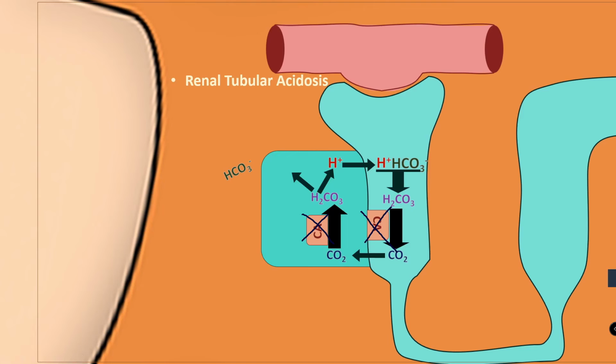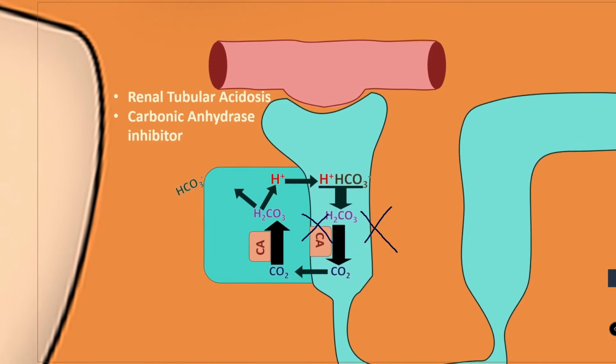It's a crucial step for reabsorption of bicarbonate. So reabsorption of bicarbonate ion will strongly suffer when there is an overdose of carbonic anhydrase inhibitor, right? So these are the two conditions in which normal anion gap metabolic acidosis can occur.